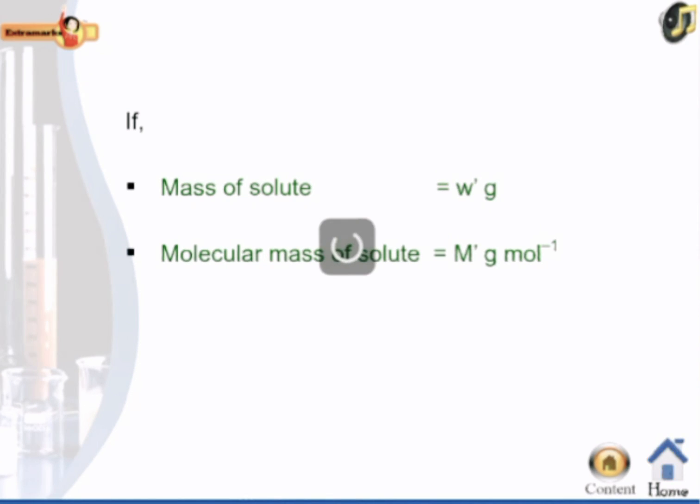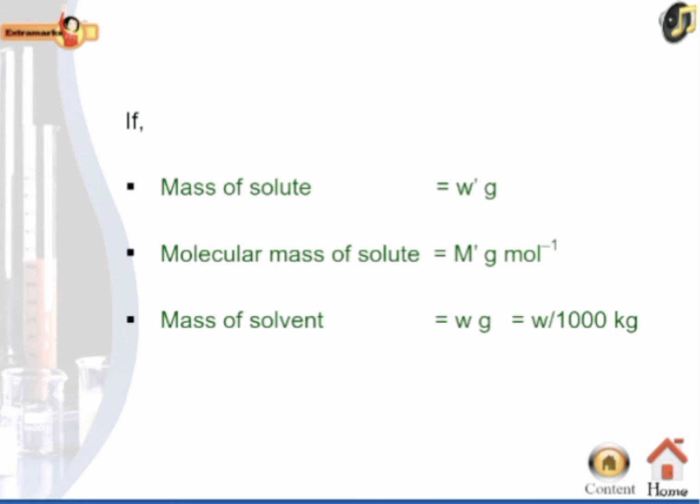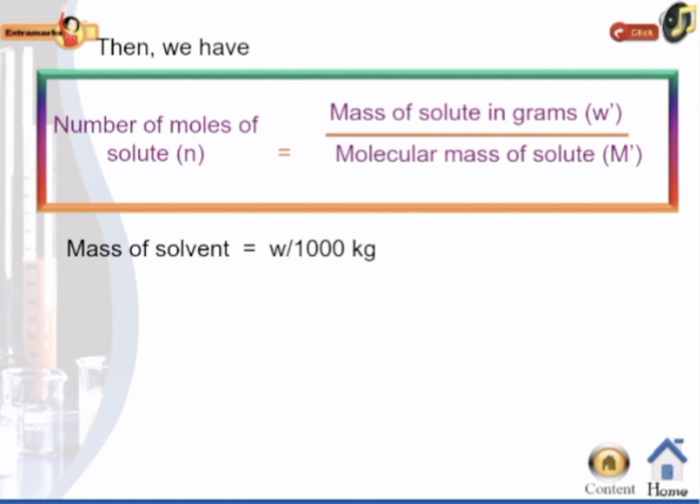If mass of solute is equal to W dash grams, molecular mass of solute is equal to M dash grams per mole, mass of solvent is equal to W grams, which is equal to W by 1000 kilograms. Molality of the solution is equal to M mole.